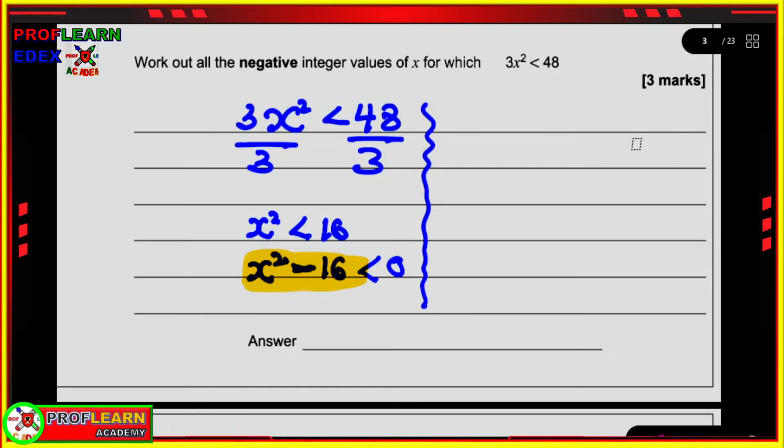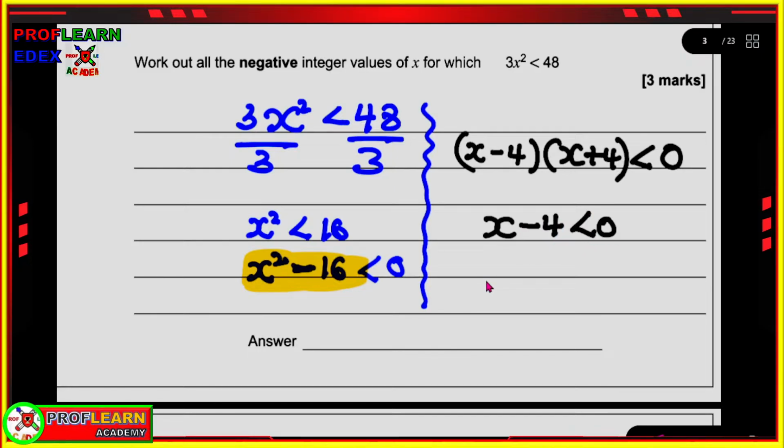Because if we have x plus 4 less than 0, x minus 4 is less than 0, or x plus 4 is less than 0.